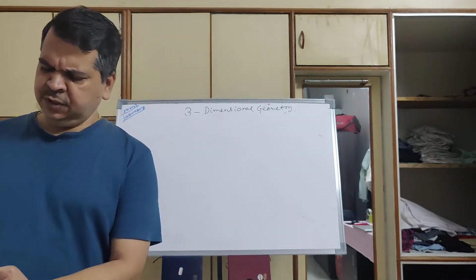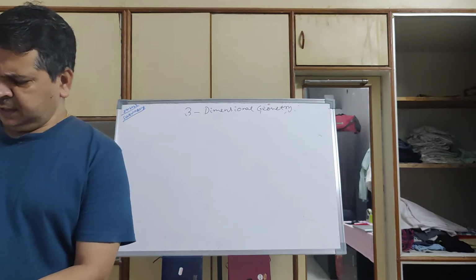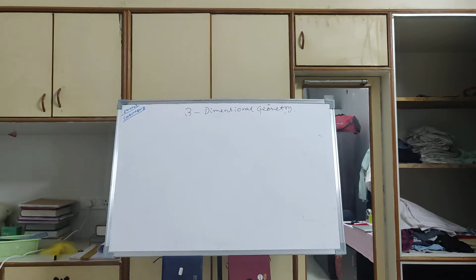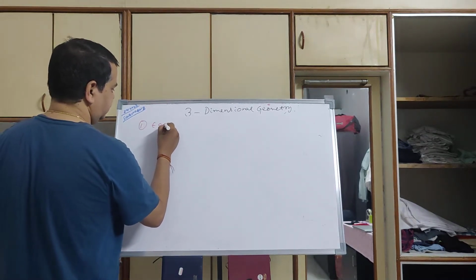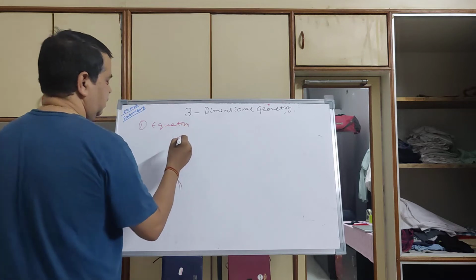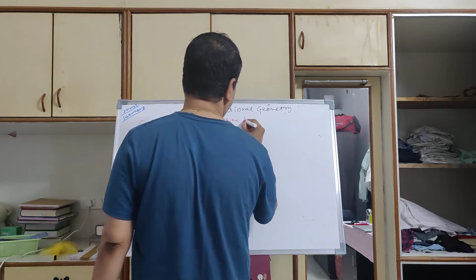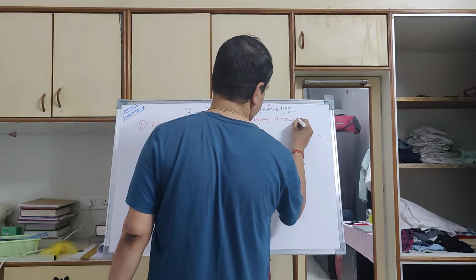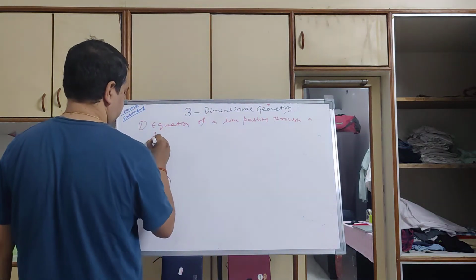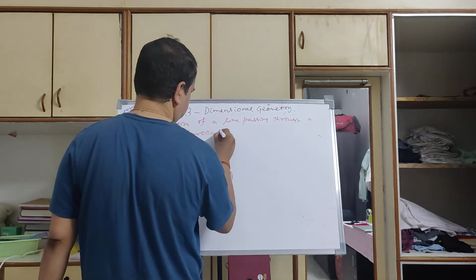So, equation of a line passing through a point and parallel to a given vector b. Someone may ask you to find the equation of a line passing through a point parallel to a vector.